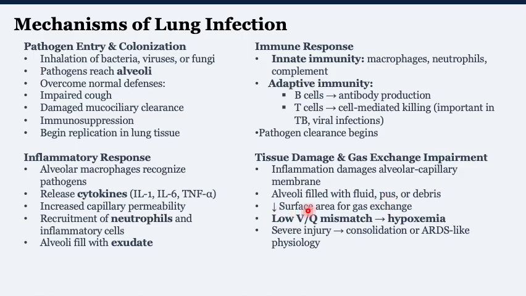This decreases the surface area for gas exchange. And then you'll have a low VQ mismatch, which will result in some hypoxemia. If there's a severe injury, such as a consolidation, this can lead to sepsis, and it can also lead to ARDS-like physiology.